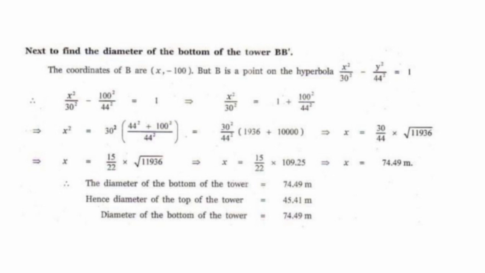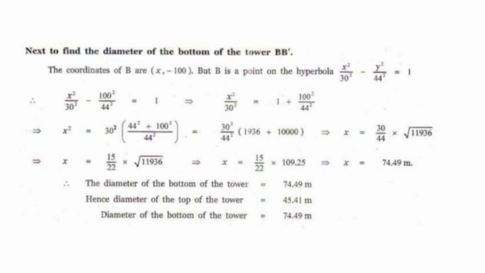That will be equal to 30 squared over 44 squared times (1,936 plus 10,000). And x is equal to 30 divided by 44 times the square root of 11,936. X is equal to 15 over 22 times the square root of 11,936.